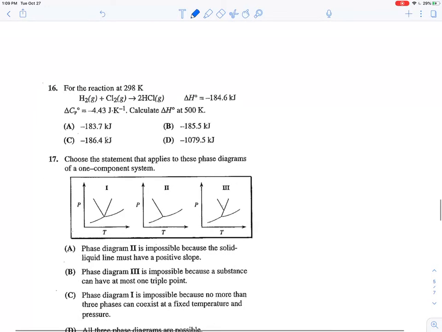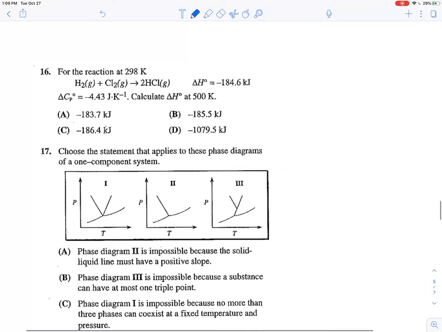All right. This is another one that's showing here once more. At a temperature of 298 K, this is a delta H naught at the designated temperature, and this is the value for that.